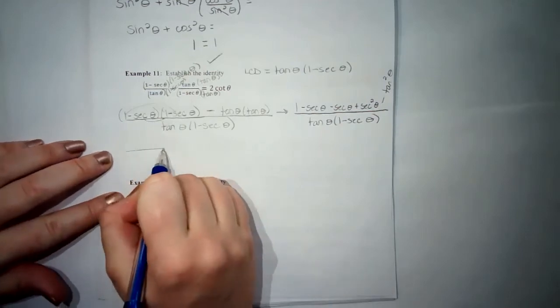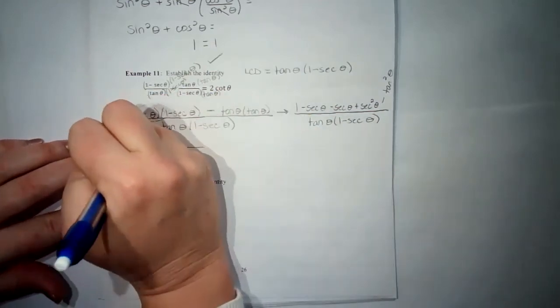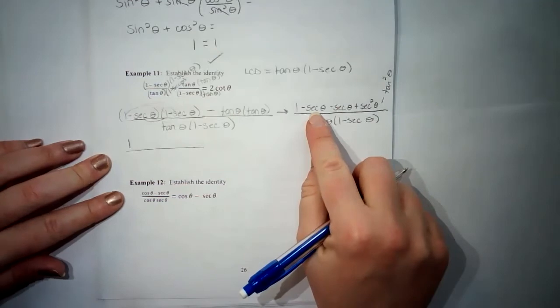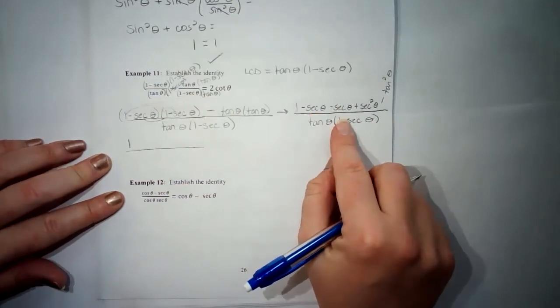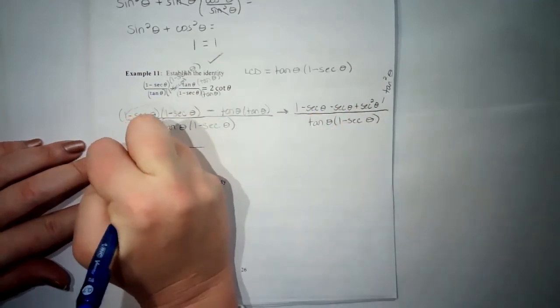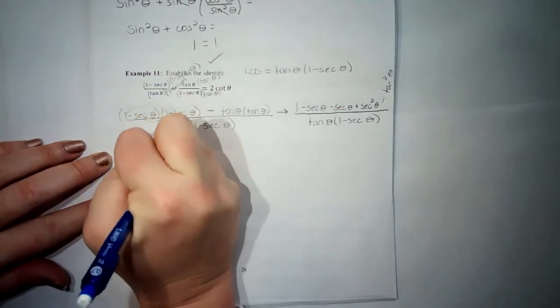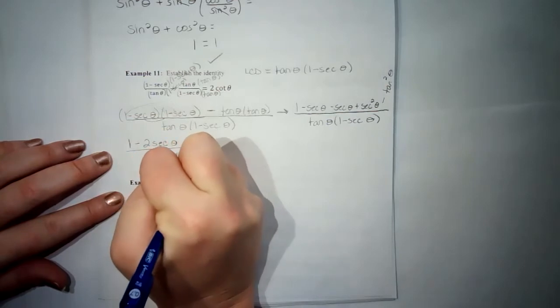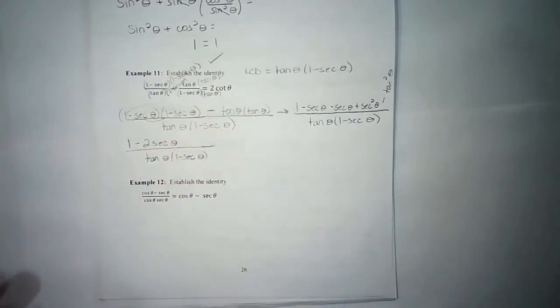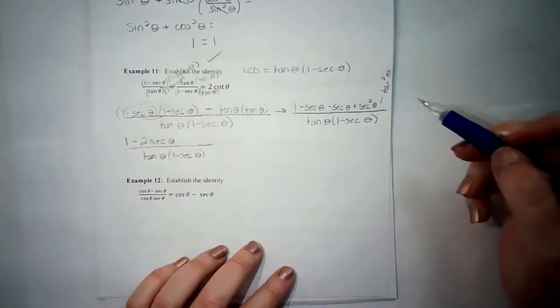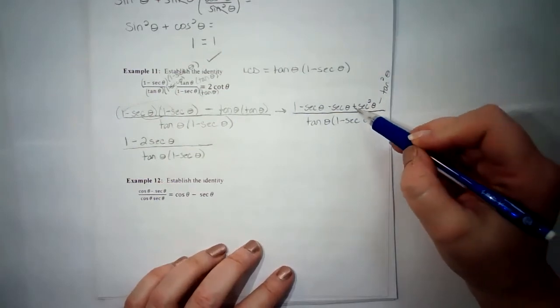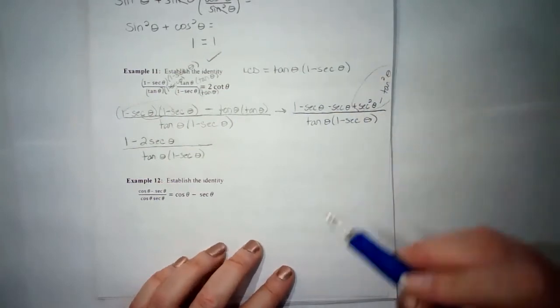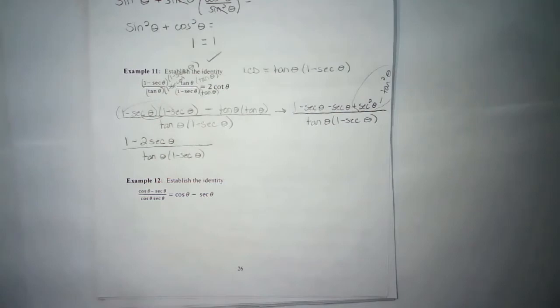So here we go, we're going to clean up a little bit. We have a 1, and then I have minus secant theta minus secant theta, so minus 2 secant thetas. Now before you write anything else, you can write your denominator. Let's think about this a minute because I'm trying to save you some room here. Over here I have a secant squared minus a tangent squared.